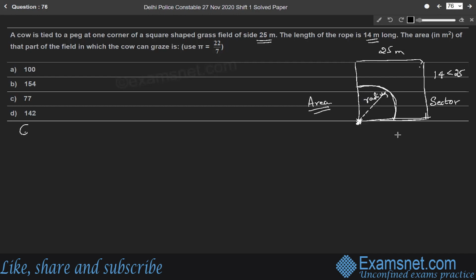So given, the length of the rope is 14 meters, right? The side of the square field is 25 meters.